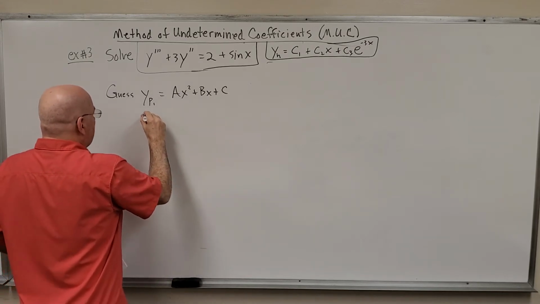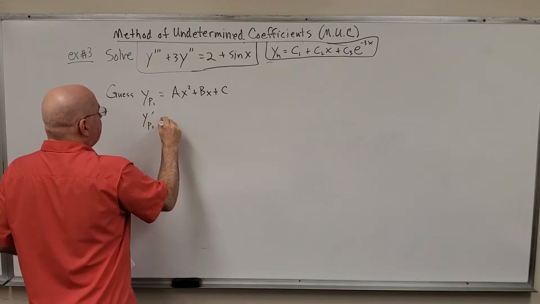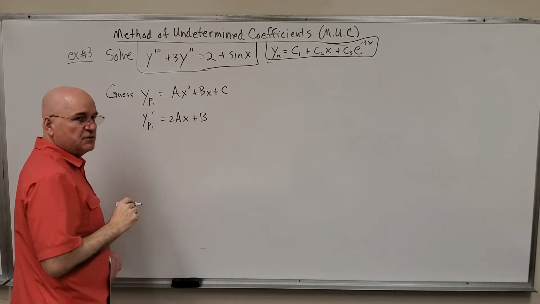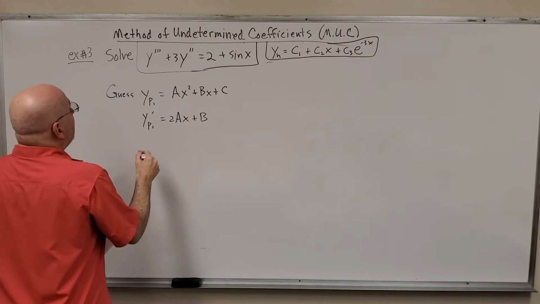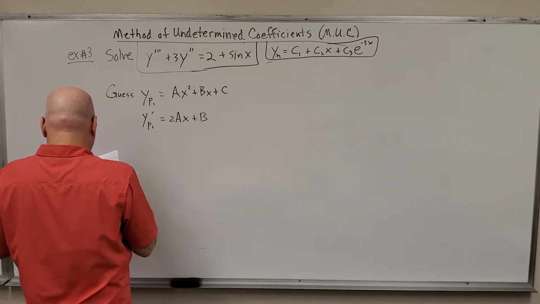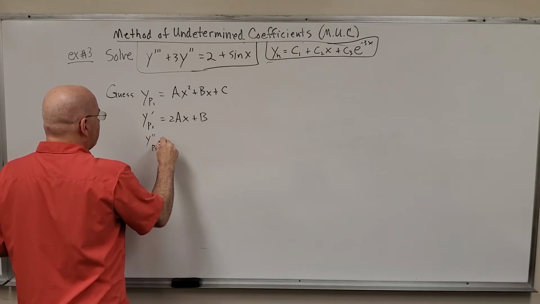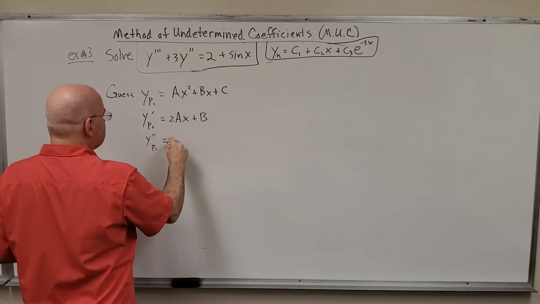Okay, so then yp1 prime is going to be 2Ax plus B, taking the derivative. I need to go all the way out to the third derivative. So yp1 double prime is the derivative of this, which is just 2A.